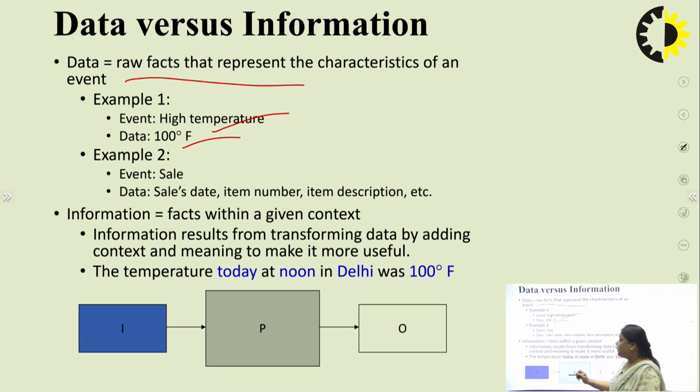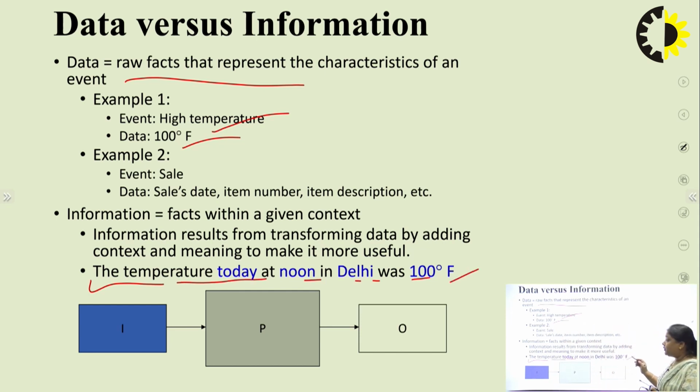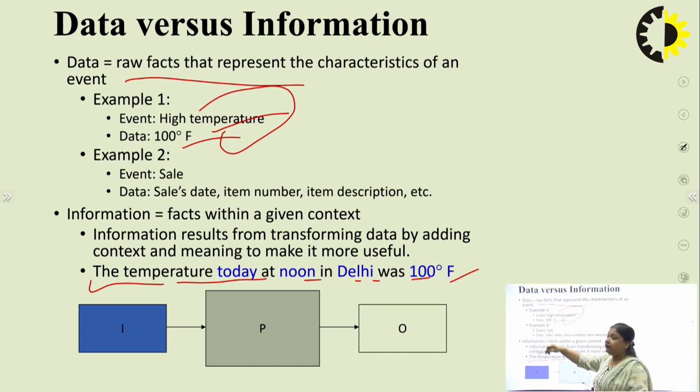But if we say that the temperature today at noon in Delhi was 100 Fahrenheit, this is the information, the relevant information that we get through some data. Through the data alone we can't understand which type of temperature or whose temperature, but through this output we can say that in Delhi in the afternoon the temperature was 100 Fahrenheit.